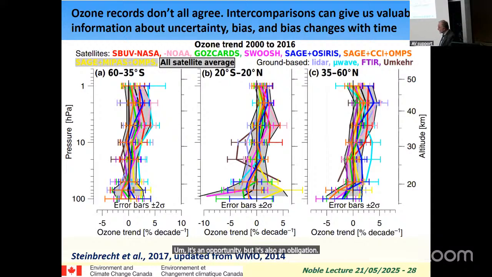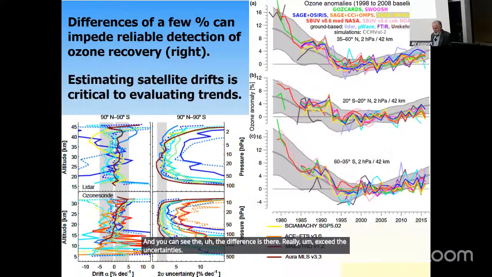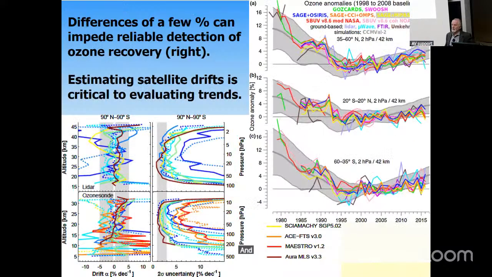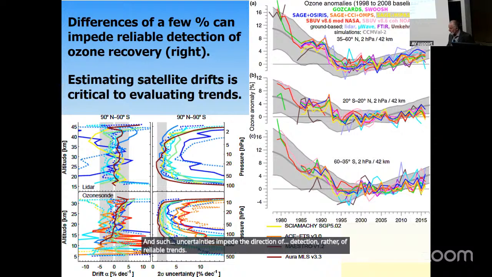This is showing some of the differences from one of the recent assessments of ozone depletion that they're mandated quadrennially by the Montreal Protocol. And you can see that the differences there really exceed the uncertainties. And such uncertainties impede the detection of reliable trends.